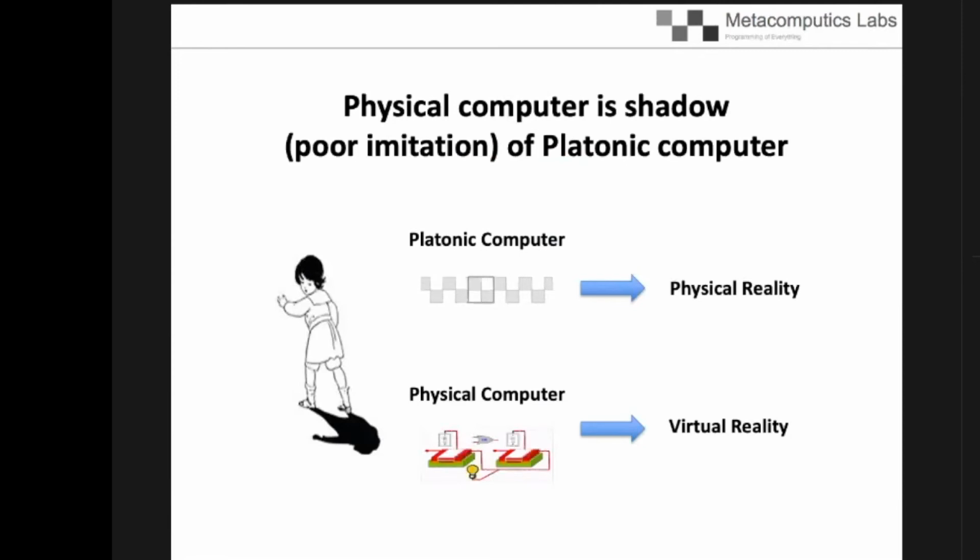However, we have access to its shadow, the physical computer. By manipulating the physical computer, we can learn a great deal about the Platonic computer. So by programming a physical computer and generating virtual reality, we can simulate how Platonic computer generates physical reality.